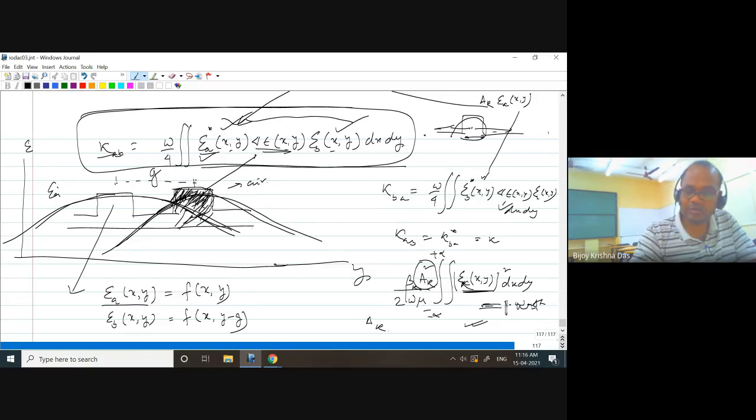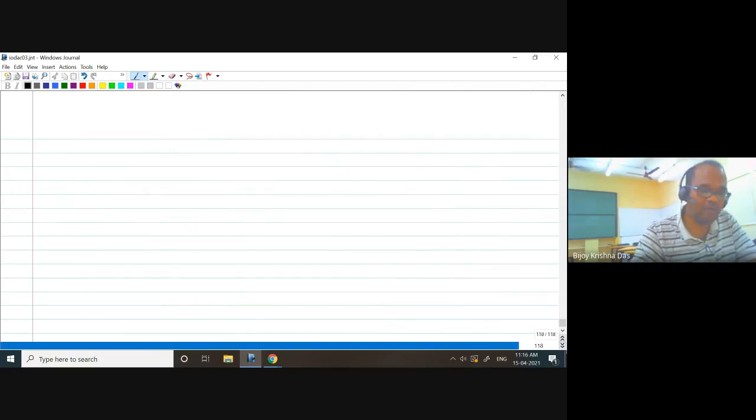Okay, so once you know the kappa value and the epsilon value, then we can come back to that equation again. dA1z by dz equals minus j kappa A2z e to the power j delta beta z.